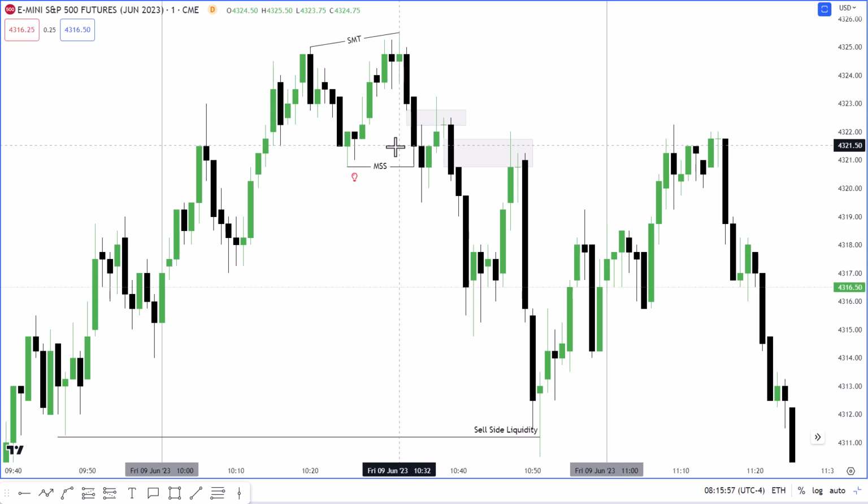Now, trading a fair value gap between the hours of 10 to 11 a.m. every single day, New York local time, can be very, very profitable. The question is, how do you do it? How do you increase your chances of being right? Because you can trade a fair value gap and be on the wrong side of the market, and then you might end up blowing your account or getting some losses.